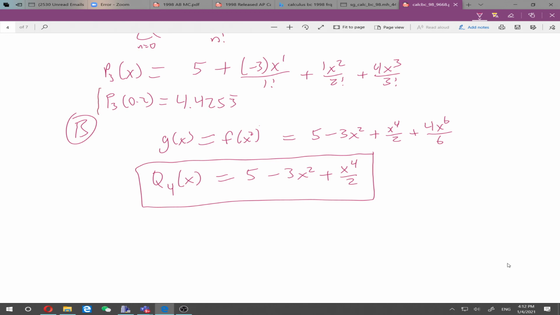Okay. I'll make a note too, just so they know what that is. This is the 4th degree approximation of g.